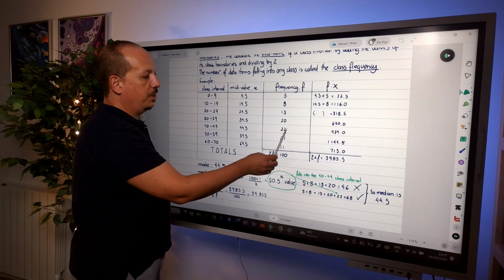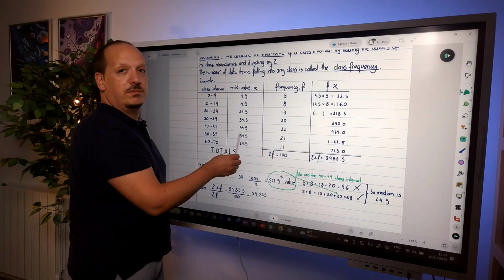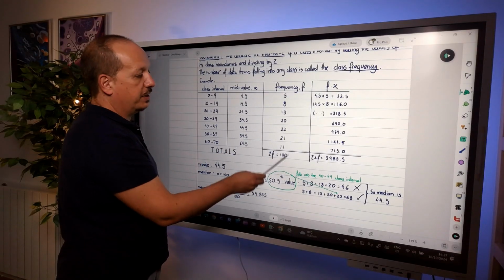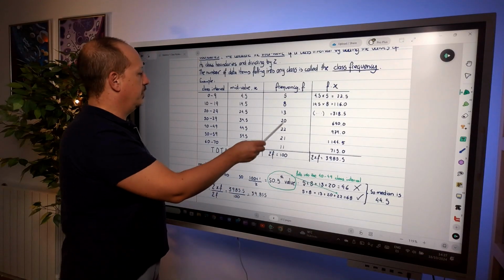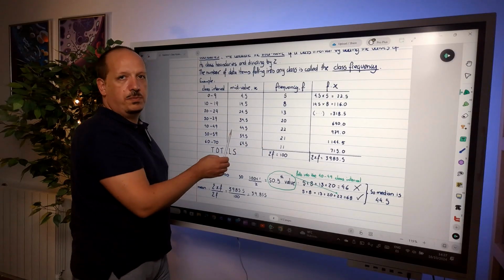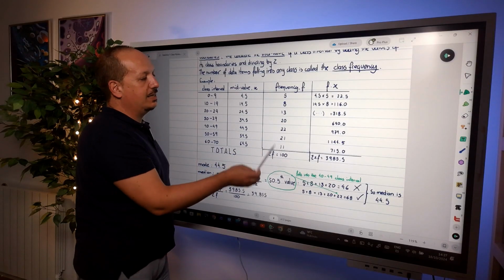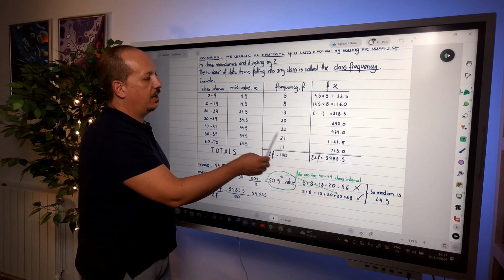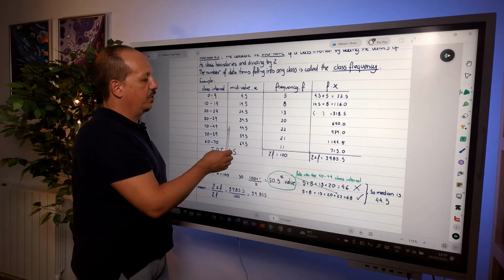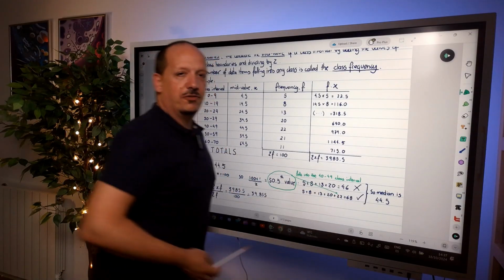So what is going to be the median is going to be this value over here. If the 50th and the 51st would be in different class intervals, I would then have to do the average of these two mid-values. But in this case, it doesn't happen. Both the 50th and the 51st values are within this class interval. So if you average the same value, you will get the value itself.